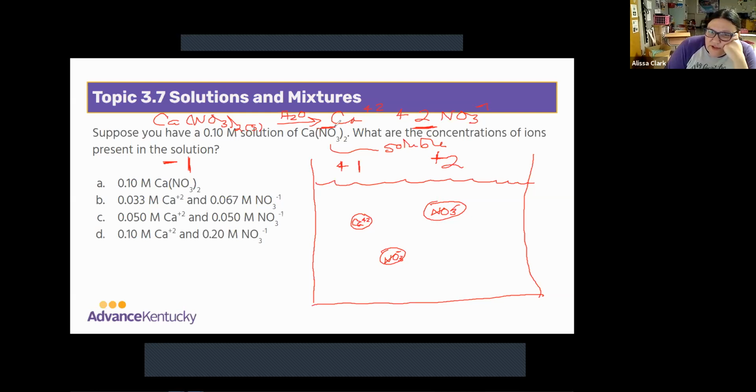So you have to look at your coefficients there. And so the molarity of nitrate has to be twice as much as the molarity of calcium ion. So that let us eliminate A and C.